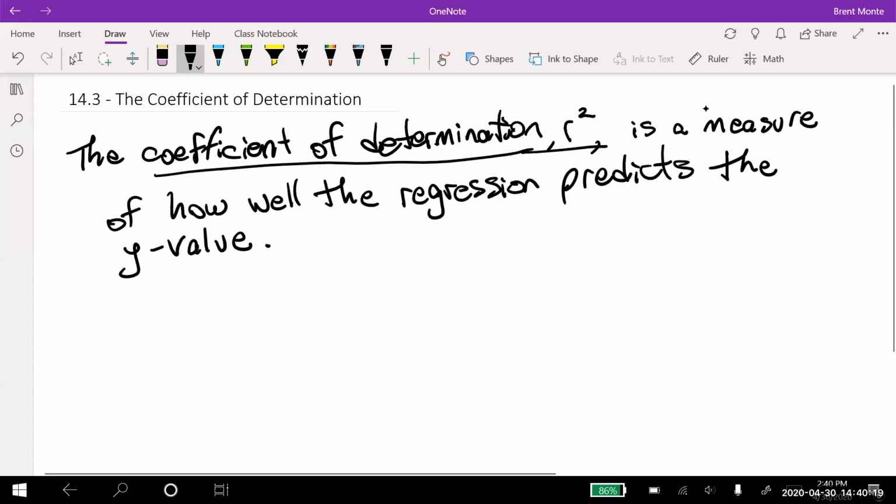Now, the coefficient of determination r squared is always between 0 and 1. And so, for example, say we get an r squared value of 0.57.